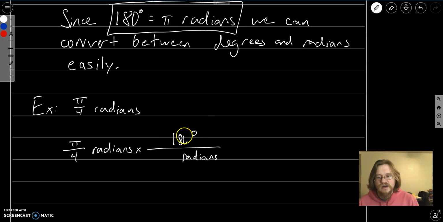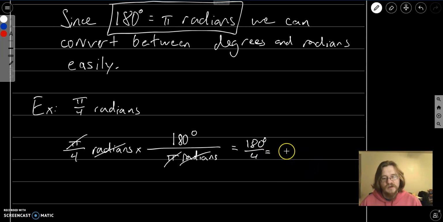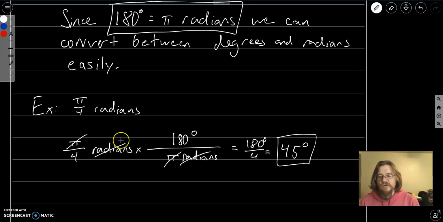Well, 180 degrees is pi radians. So this is pi divided by 4 times 180 degrees over pi. The radians cancel, pi will cancel, and I'll get 180 degrees divided by 4. And when I do this math, I will get 45 degrees. So pi over 4 radians is the same thing as 45 degrees.